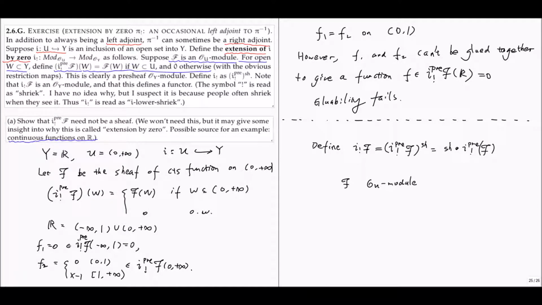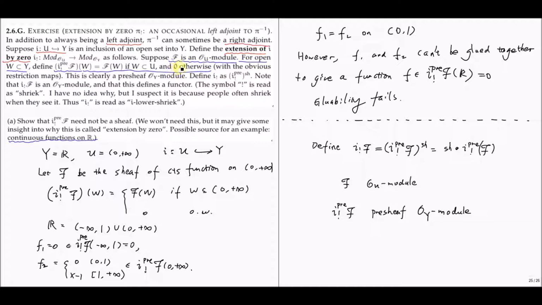We start with F as an O_U module, and i shriek pre F is a pre-sheaf O_Y module, which can be clearly seen from the definition in here. The scalar multiplication for this will be either the original scalar multiplication or the trivial scalar multiplication.